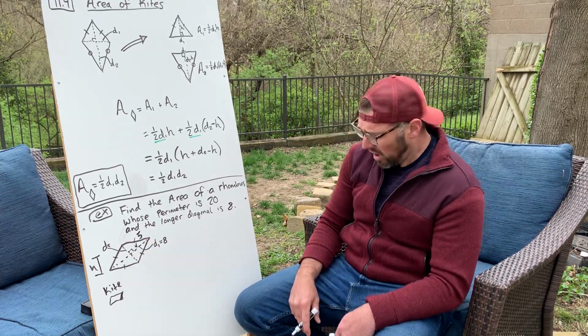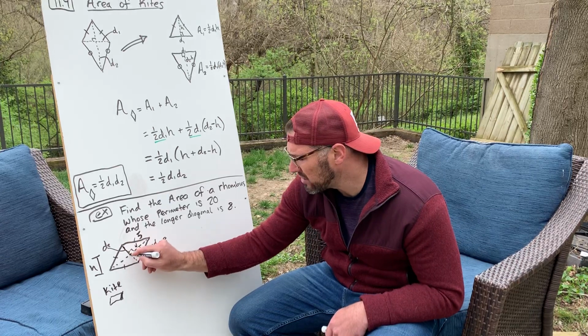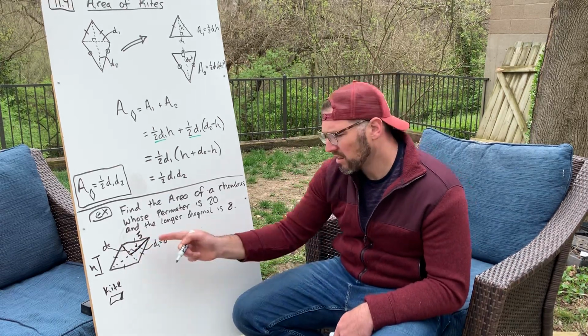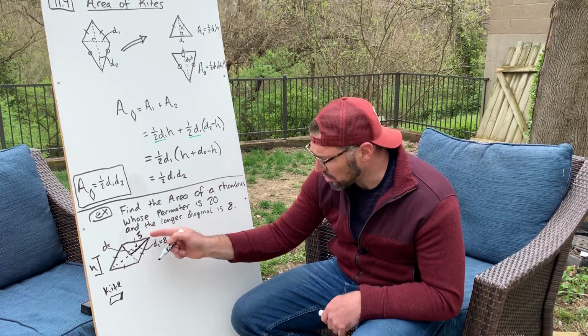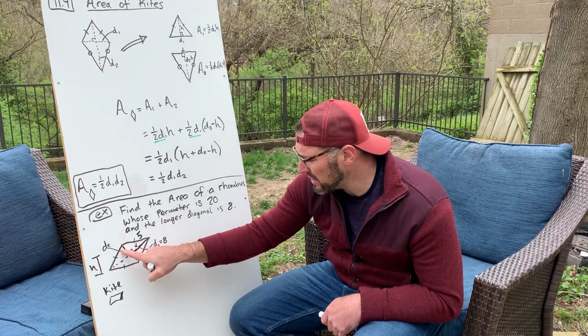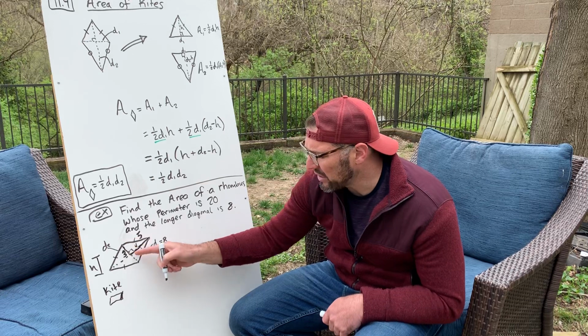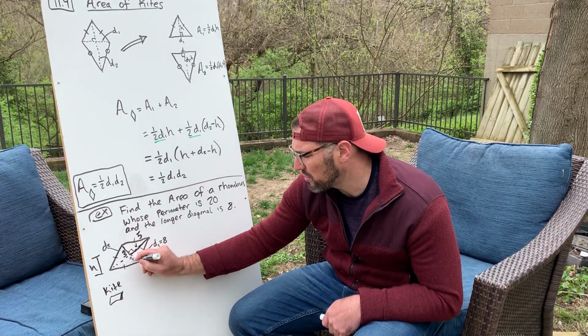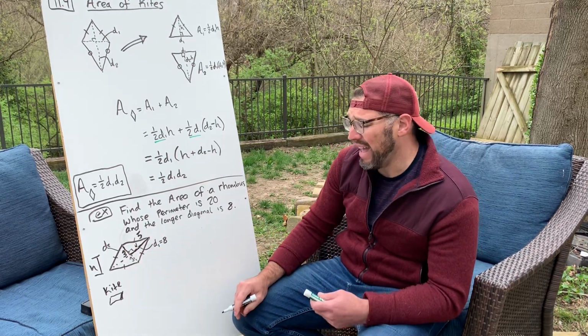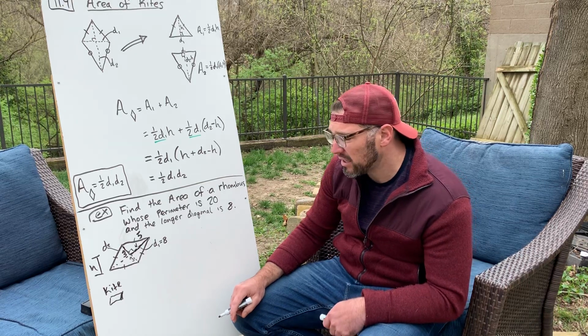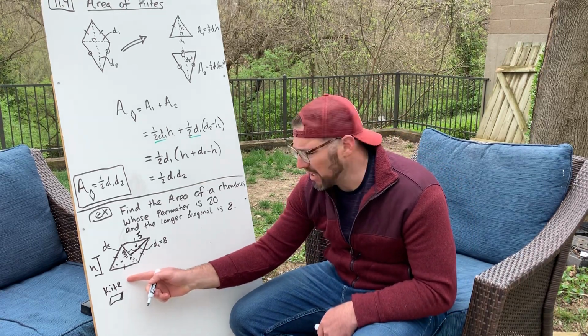What we have here is a right triangle that looks like a 3, 4, 5 to me, which means this little side here is 3. Diagonals bisect each other, so this would also be 3, which means I have all the information I need to find the area for a kite.